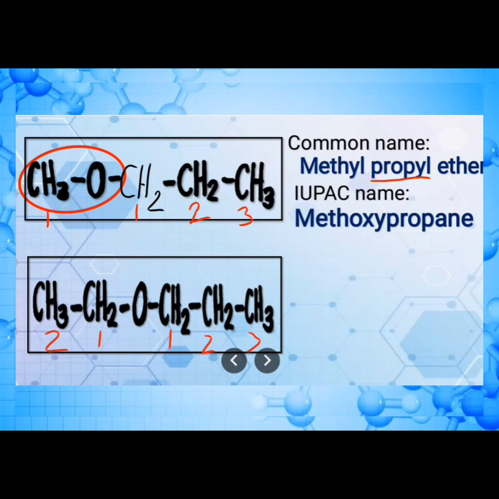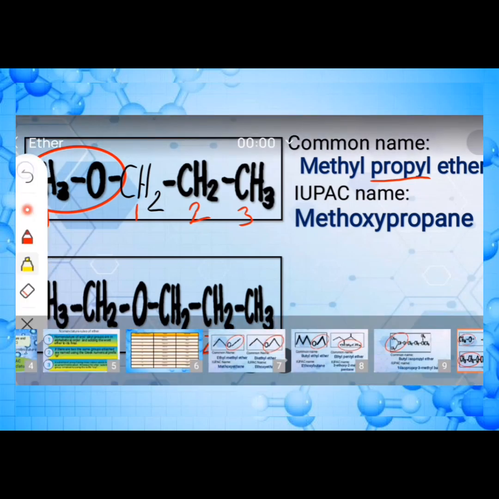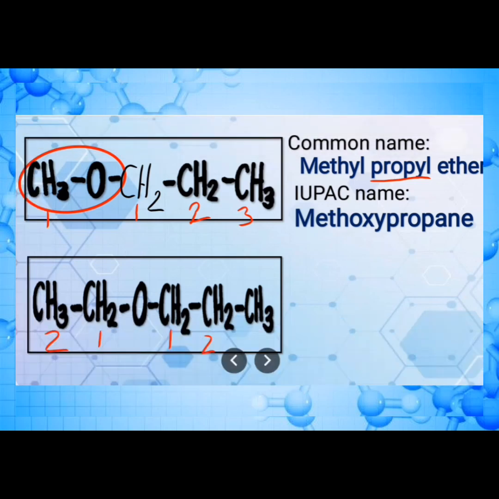This side will be our main parent chain, and the left side will be our oxy substituent. 2 carbons refers to ethyl, and 3 carbons refers to propane.